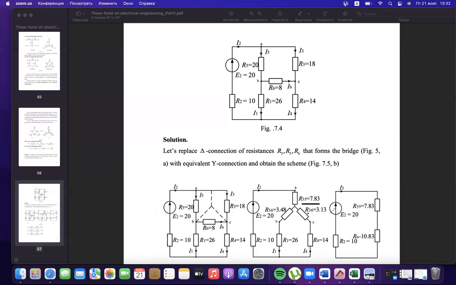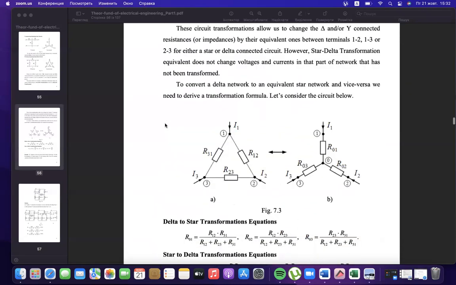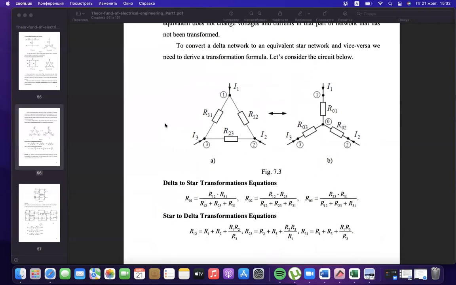Why do we take exactly these numbers? There are some formulas for how we could calculate and redraw this transformation.